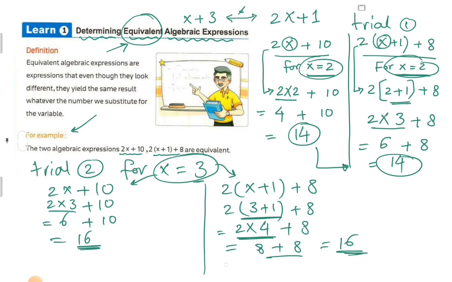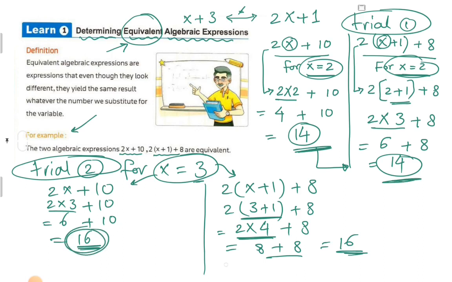Now we do the trial number 1 and trial number 2. As the two trials, it's the same answer. Now I can call that two expression are equivalent expression.